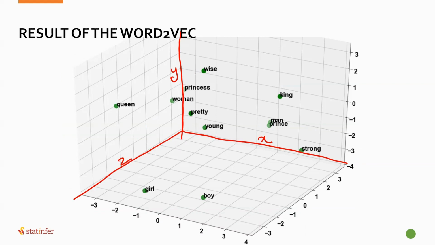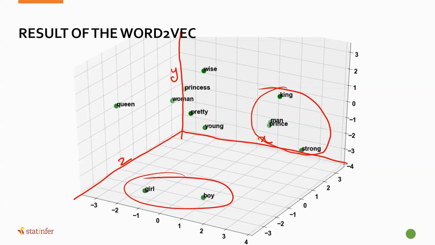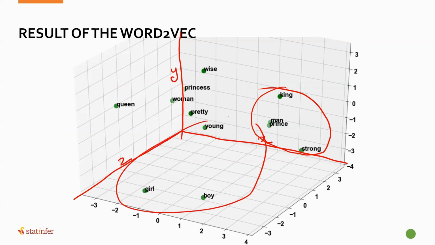You can see that certain clusters are formed. Probably these are a set of words that are near to each other, and these are words that may be near to each other. Or if you look at it from a different perspective, maybe these look somewhat similar to each other, these are the ones nearby each other.